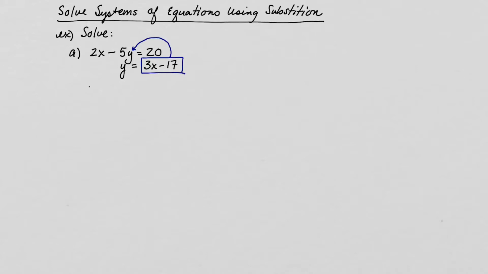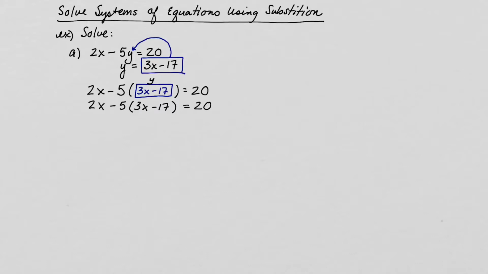So I can think of the first equation as 2x minus 5 times, instead of y, this whole entire box. So 2x minus 5y equals 20, and the stuff that was inside the box is 3x minus 17. So we're talking about 2x minus 5 times the quantity 3x minus 17 equals 20.